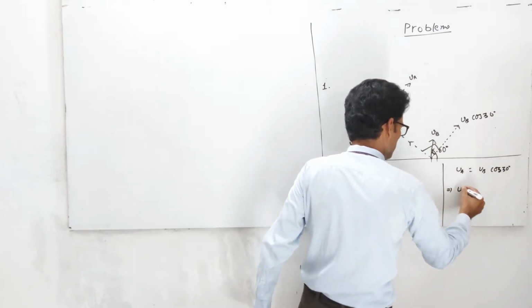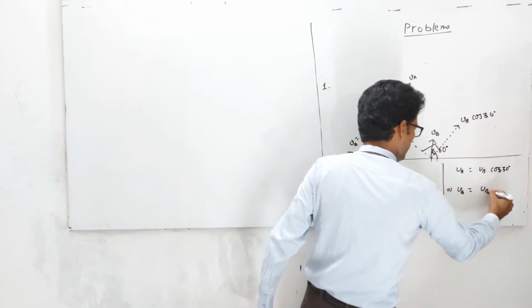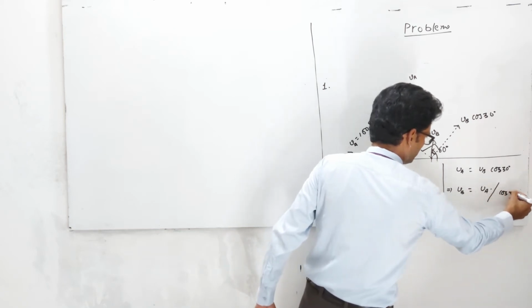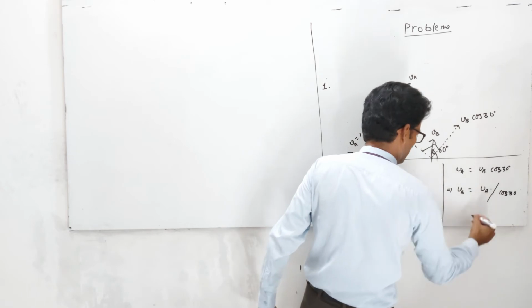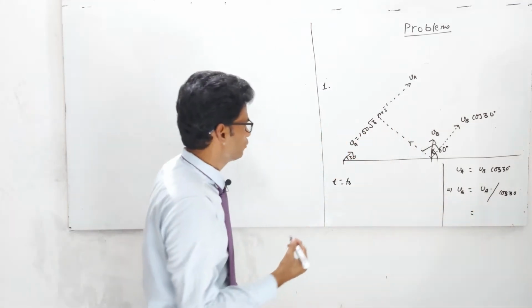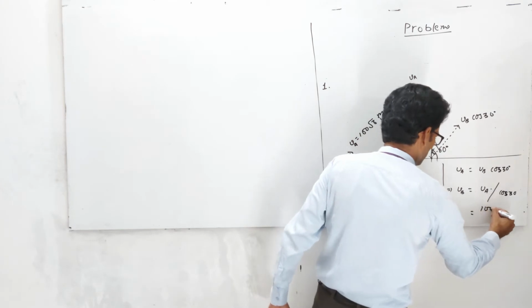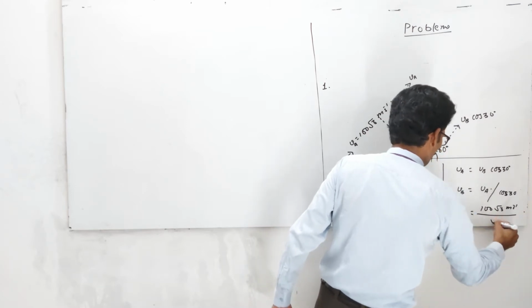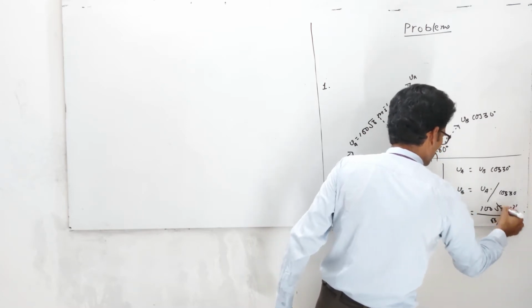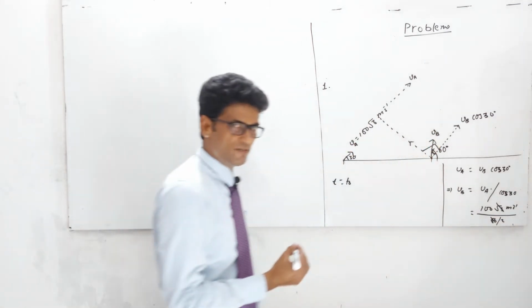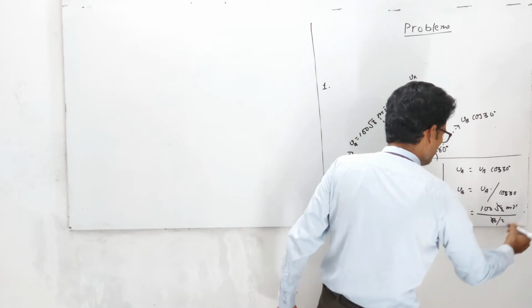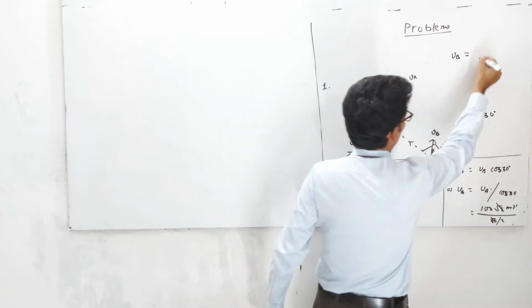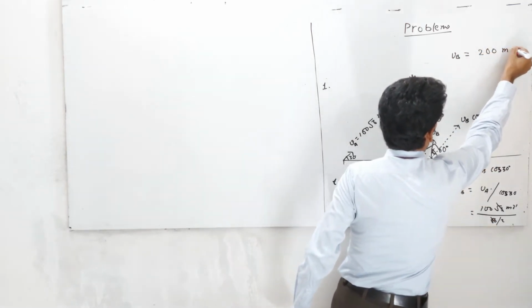So this implies VB is equal to VA over cos 30 degree. Put the value of VA here, 100 root 3 meter per second over cos 30, root 3 over 2. So root 3 has cancelled out because it is not equal to 0. So VB here comes out to be 200 meter per second.